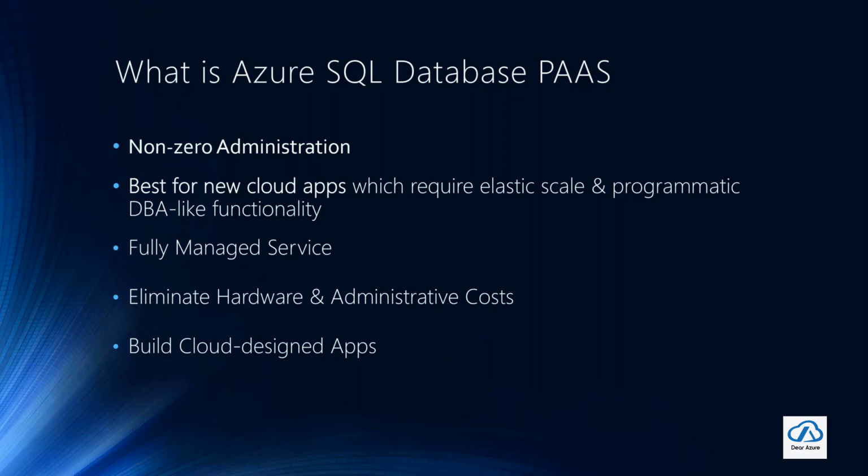DTU is nothing but the compute. It includes CPU, memory, and storage all together. We don't call it CPU, memory. We call it DTU. So you have the flexibility to scale up your databases and scale up your DTUs as well.